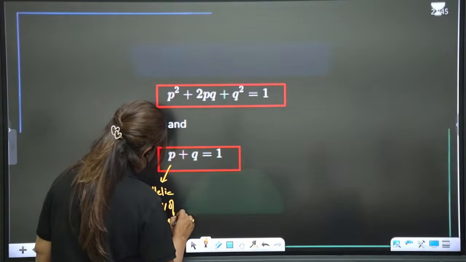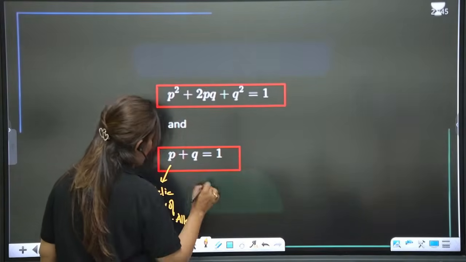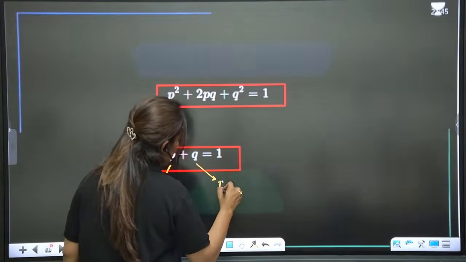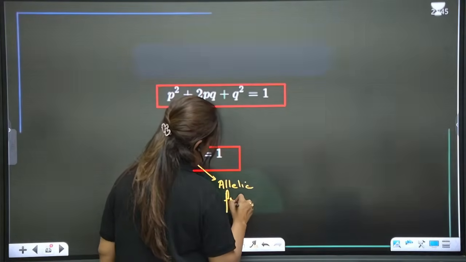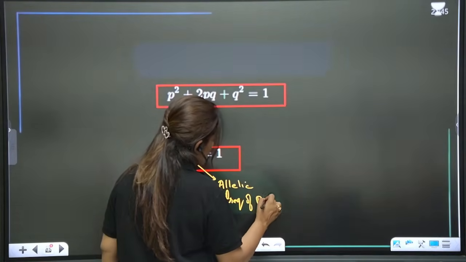And this one, q, is the allelic frequency of recessive allele. Is that clear?